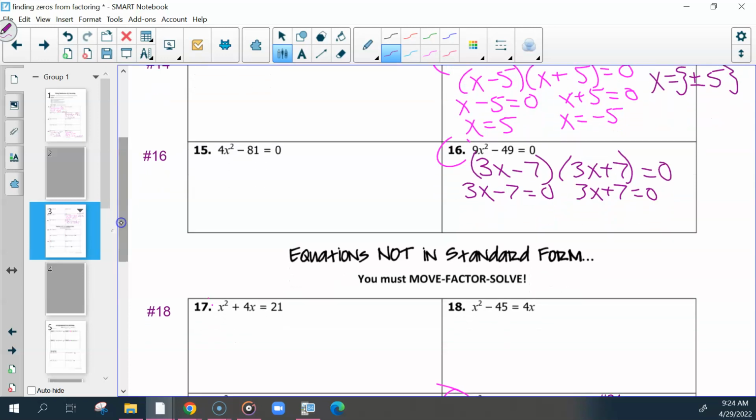So solve one of them. We add 7 and then divide by 3. We have x equals positive 7/3, which means the other answer would be negative 7/3. Our solution would be positive, negative. It's really a plus minus symbol, is what it's called. 7/3.